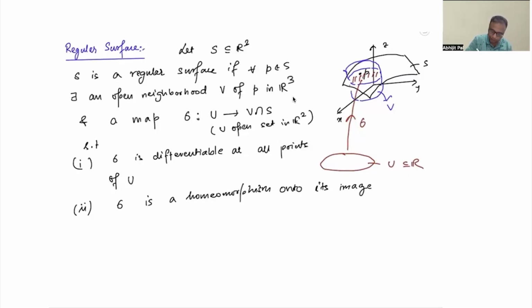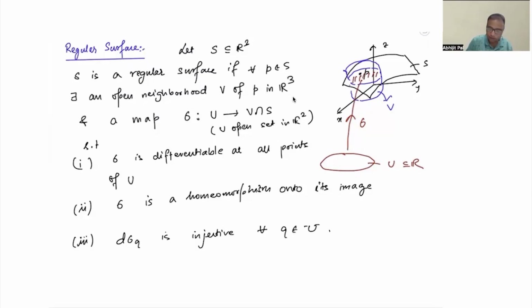And the third thing is that sigma is differentiable, which means that the differential of sigma exists for all points Q belonging to U, and this differential map is injective.